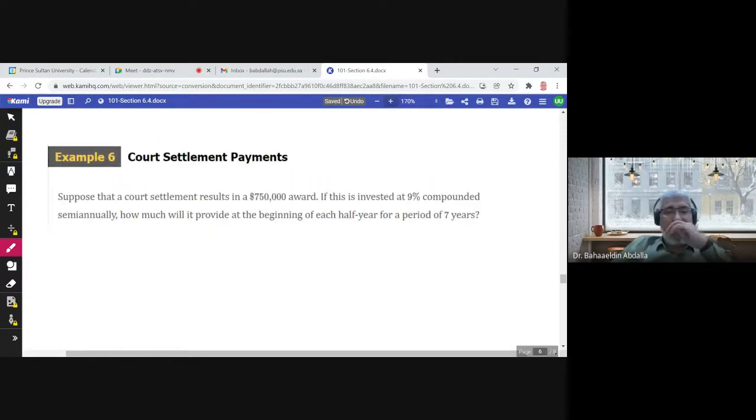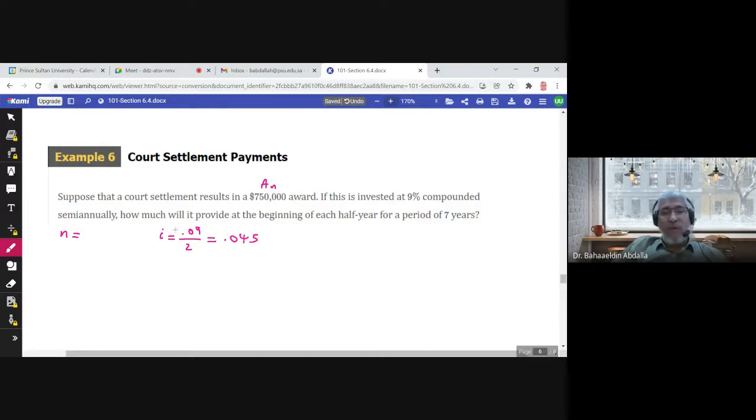Another example: suppose that a court settlement results in a 750,000 award. It is now present, so you can say that this is A_n. If this is invested at 9% compounded semi-annually, the interest rate per period, twice a year, is 0.045.